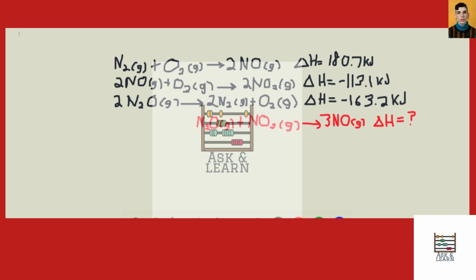So that's what we're going to be doing. We need to find equations with N2 on the left. And we see that here, so we're going to use this equation first.